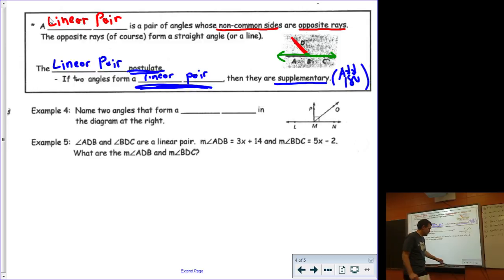So let's look at example 4. Example 4 says, name two angles that form a linear pair in the diagram at the right.